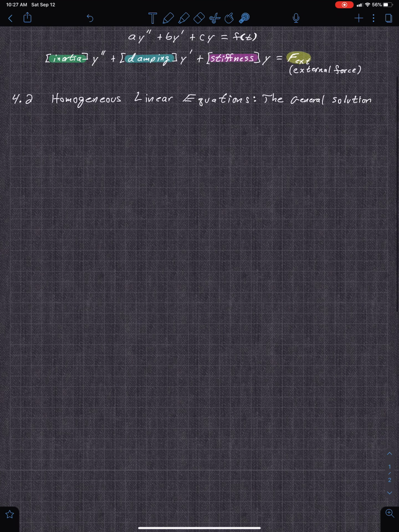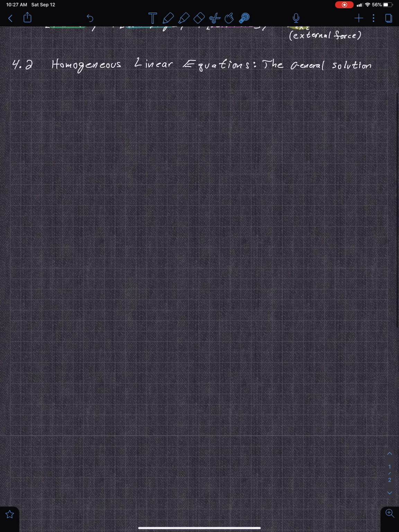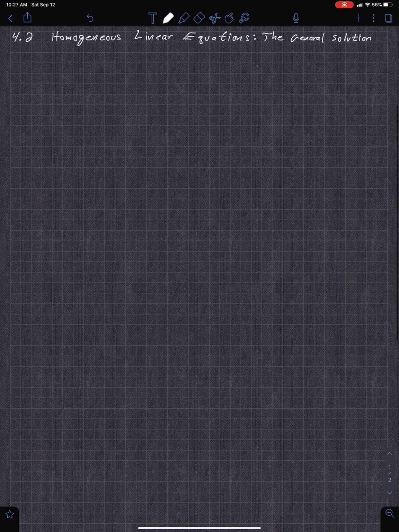So 4.2 is on the homogeneous case, which is set equal to 0. So we're going to look at the basic system, ay double prime plus by prime plus cy equal to f of t. That's your standard form.